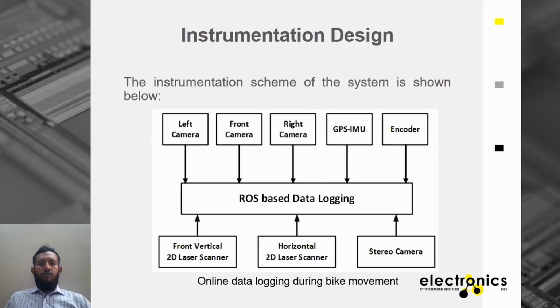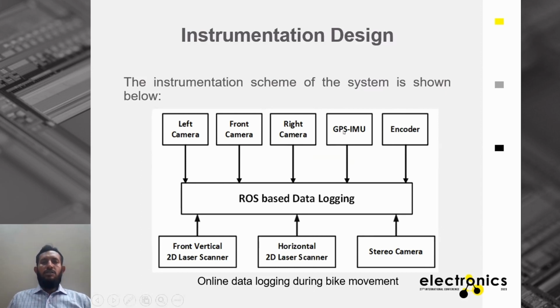As I have informed you, the main parts of our system are two laser scanners. This is the front vertical laser scanner. This is the horizontal 2D laser scanner. And with them, we have one stereo camera. Additionally, we have one encoder, which is installed on the wheels of the motorbike.